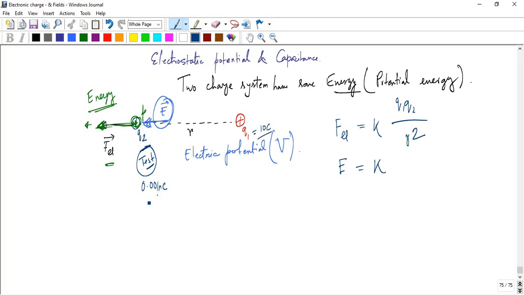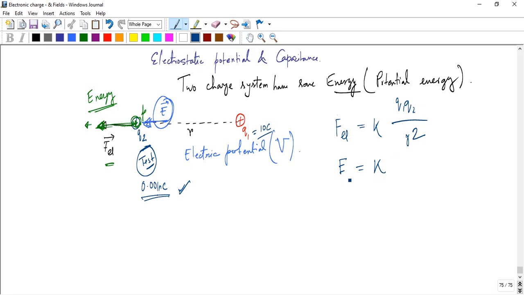So the nano coulomb charge does not much affect or change the system because it is a very small value compared with the source charge. That is why we choose that type of test charge, so it does not disturb the total system.